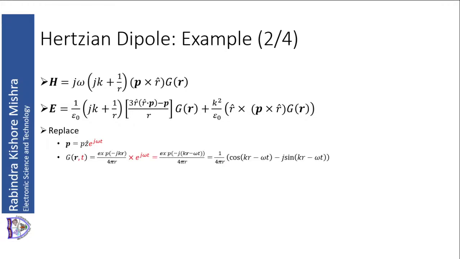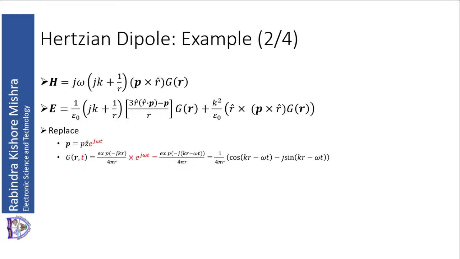So if we do that, then the time independent Green's function is exponential minus jkr by 4 pi r. Then the time dependency will be of the form exponential j omega t. Therefore, the time dependent Green's function will be exponential minus jkr by 4 pi r into exponential j omega t.